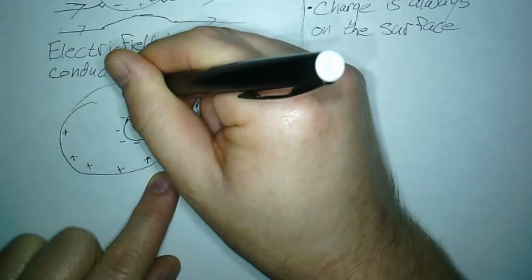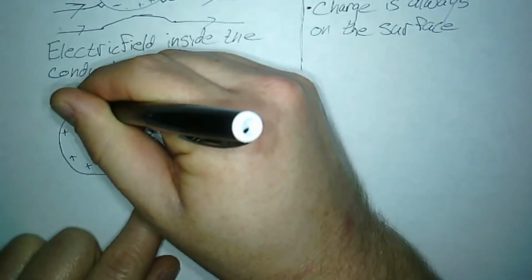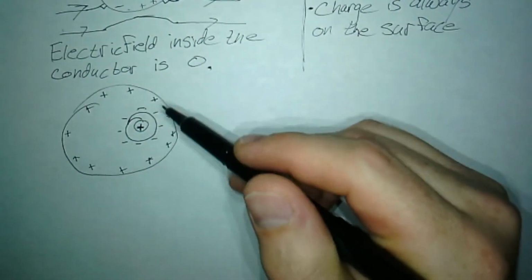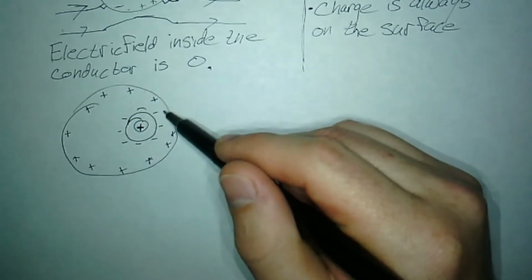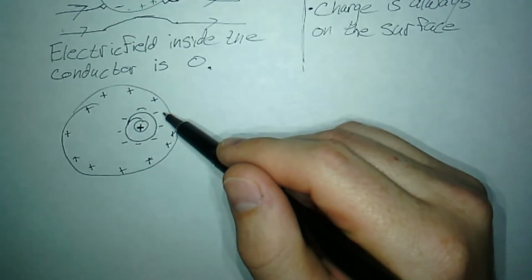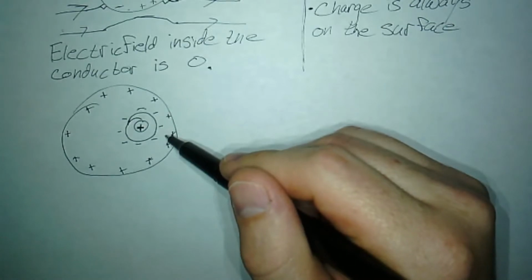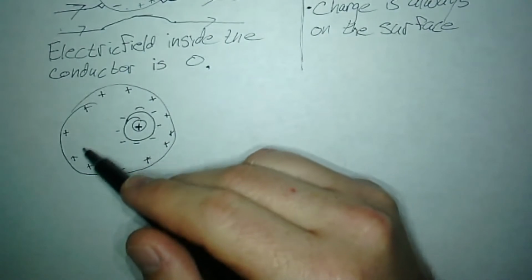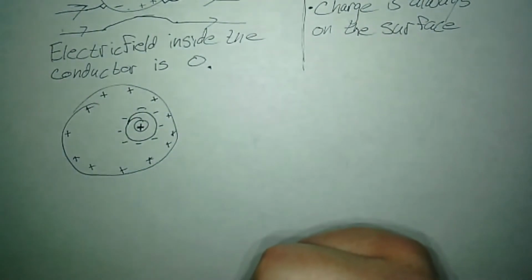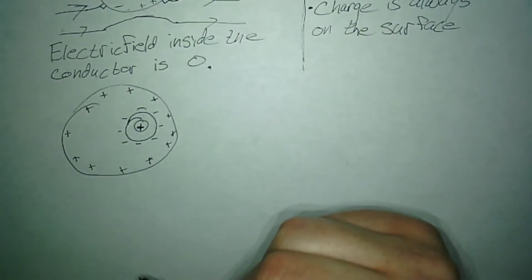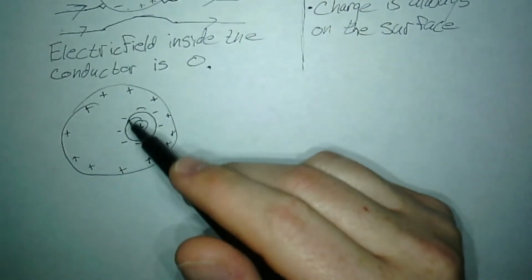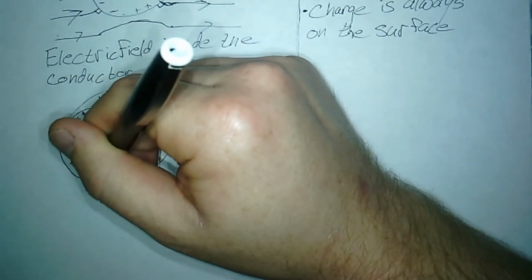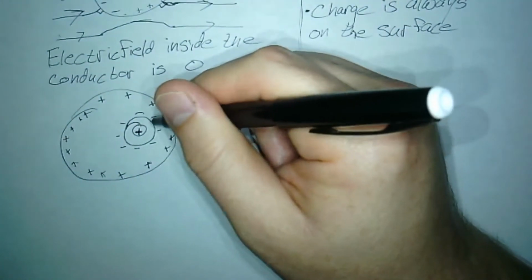These probably aren't the same number. I'm just trying to show the relative densities. And you'll find that you probably have more positive charges on this side, because they should be as far away as possible from the charge. So let's try and make more over here, as far away as possible from the other positive charge.